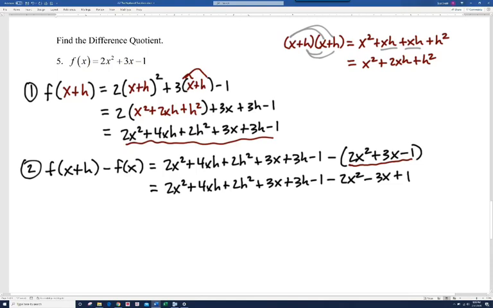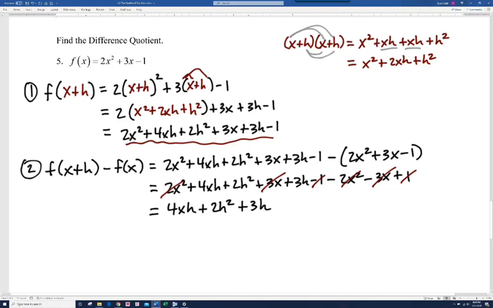And in fact, in this case, all 3 of these terms are going to cancel. Notice the 2x squared and the minus 2x squared. We got a minus 3x and a plus 3x, a minus 1 and a 1. If you don't have that happen, then that's a good sign that you've probably made a mistake. So we end up with 4xh plus 2h squared plus 3h. Notice you want to be neat, otherwise you could end up missing something.